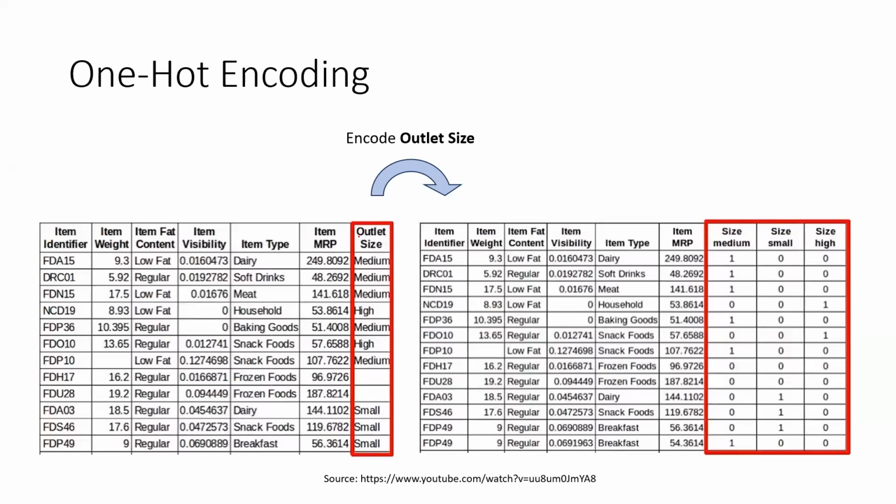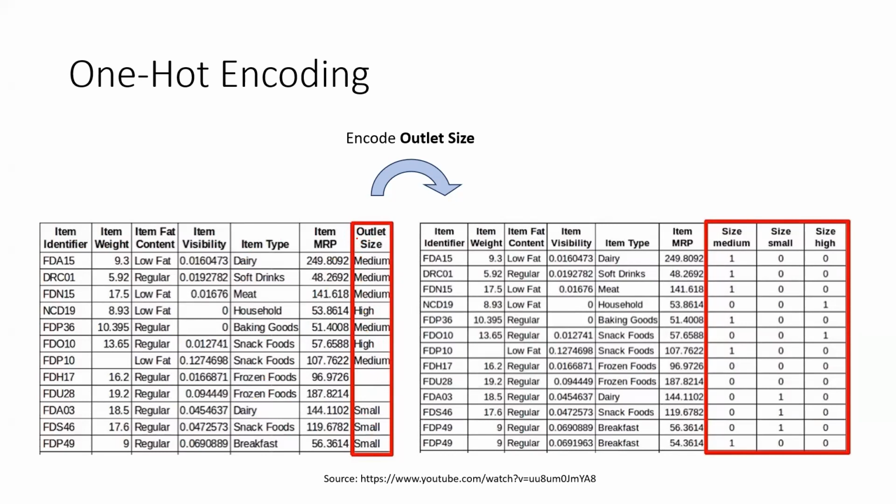So now check this one. This is the outlet size. This is about some item in some sales outlet, right? So don't think about that much. There are some dairy, soft drinks, meat, some products, and there are some outlet sizes, right? Medium, high. There are some empty values and some small values, right?